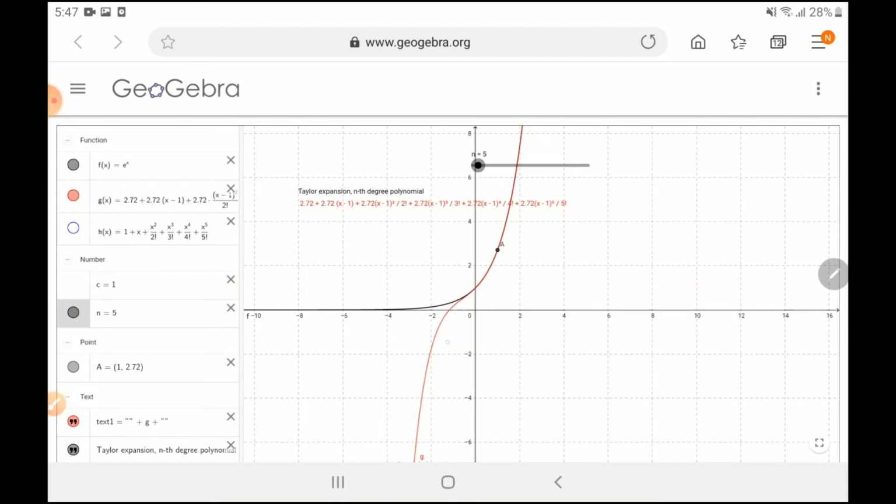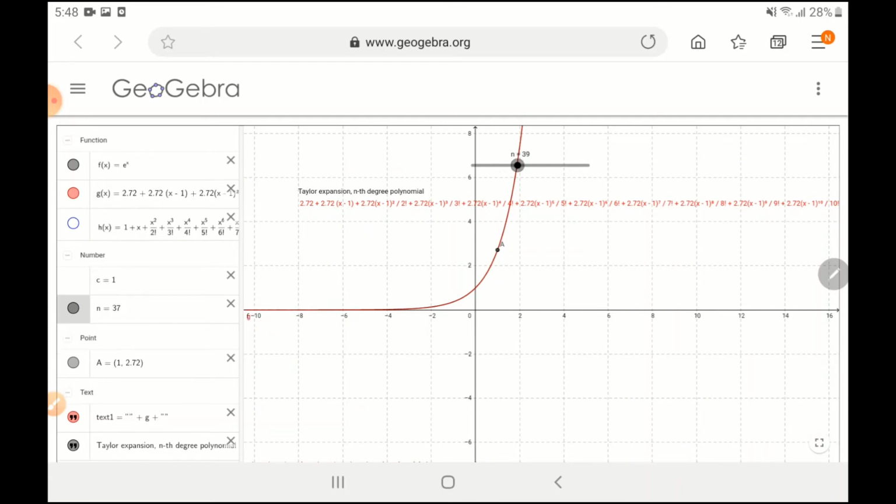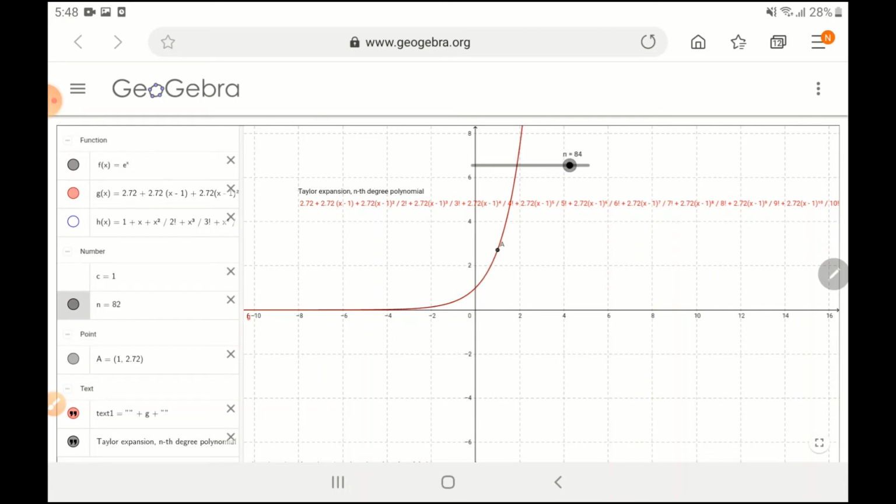Our red curve, our Taylor series, gets very close to our original function. This is what Taylor series does. With higher polynomial degrees, it gets really, really close to the original function of e to the x.